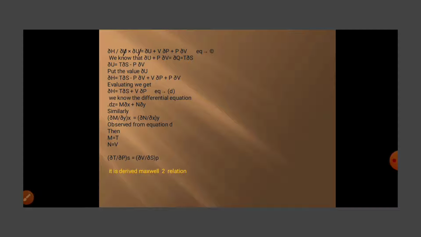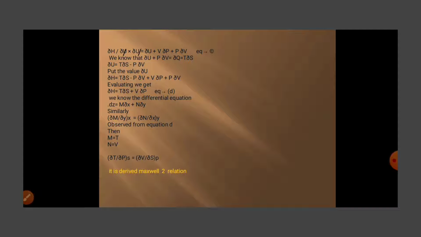So we put the ∂U value in equation C, and equation C becomes ∂H equals T ∂S minus P ∂V, that is the value of ∂U, plus V ∂P plus P ∂V. Evaluating, we get ∂H equals T ∂S plus V ∂P. That is your equation D. How? Because T ∂S minus P ∂V plus P ∂V, the negative and positive cancel, and our remaining equation will be ∂H equals T ∂S plus V ∂P. So we call it equation D.